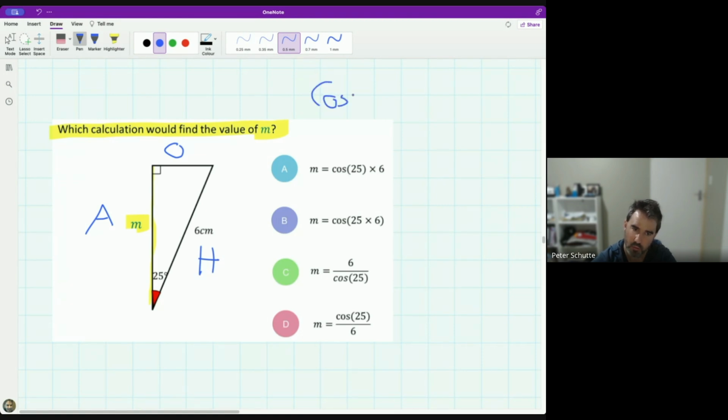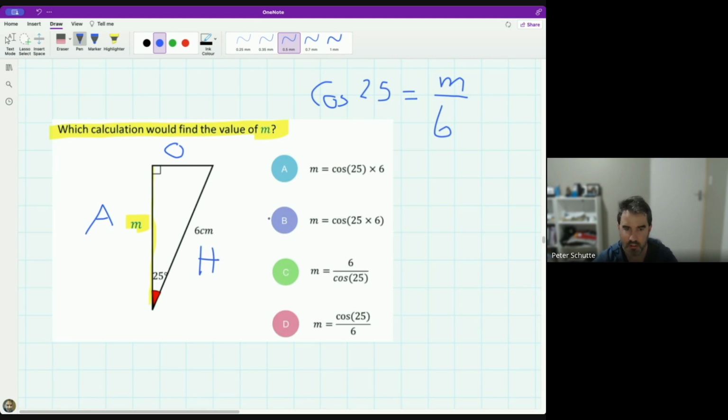So we'd say the cos of 25 would be equal to m over 6. Is there anything that looks like the cos of 25 is equal to m over 6, or a over h? Well, there's nothing that looks exactly like that, but maybe there's something that looks very close to that.